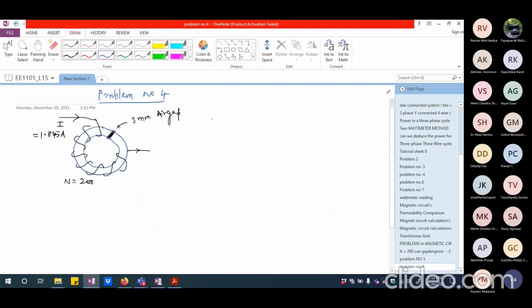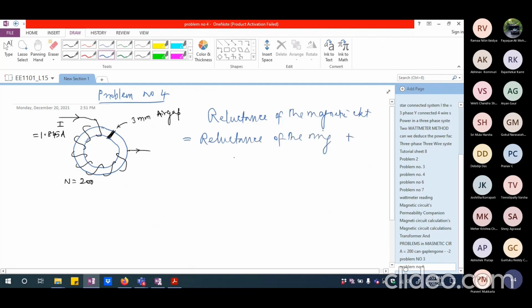Now the reluctance of the magnetic circuit is going to be reluctance of the ring plus reluctance of the air gap.